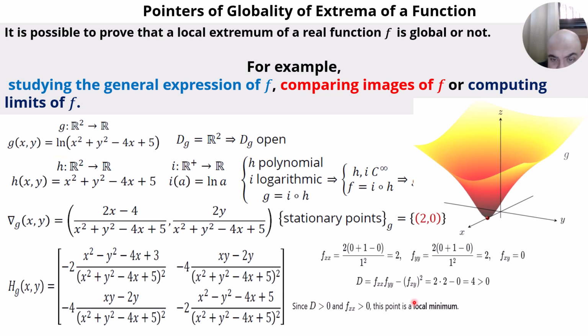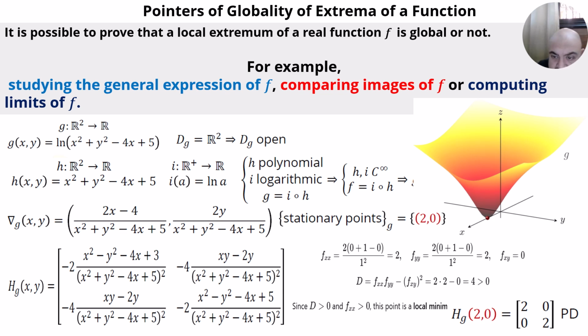I will have that f double x equal to 2 and f double y equal to 2. So this guy and that guy at the origin is equal to 2 and the others is equal to 0, which means that the determinant is greater than 0 and f double x is greater than 0. We have local minimum point at 0 and 0. Now to the question, is it global or not?